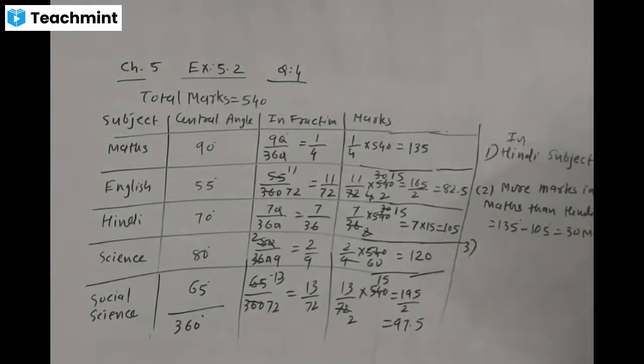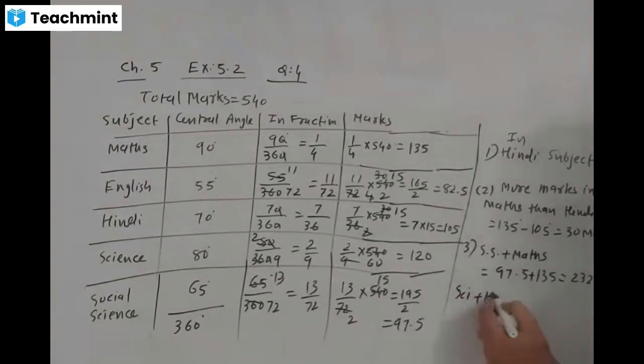Okay. And the third one, examine whether the sum of the marks obtained in social science and mathematics is more than in science and Hindi. Social science plus mathematics is 97.5 plus 135, that is equal to 232.5 marks.